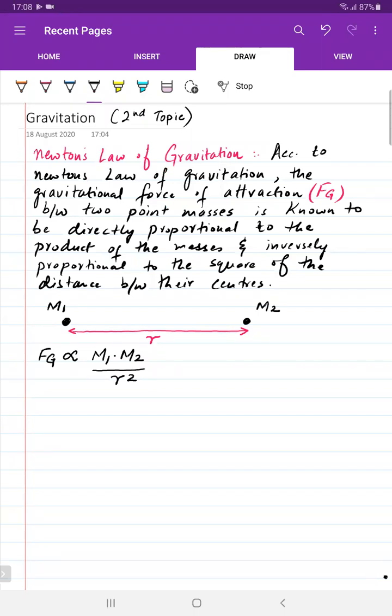If you then remove the proportionality sign, you can introduce a constant.